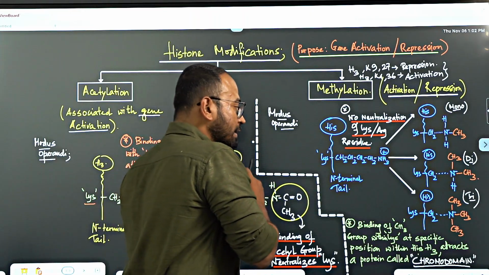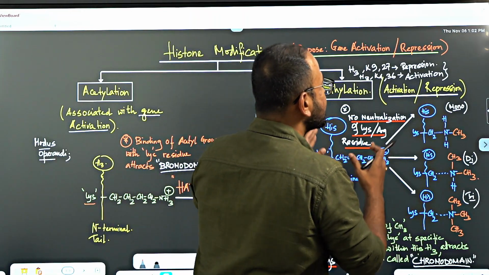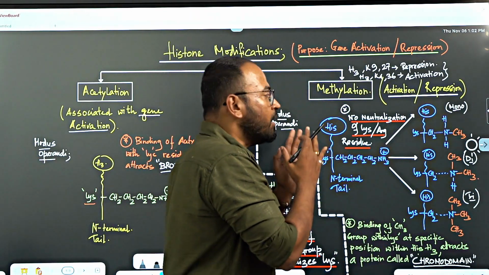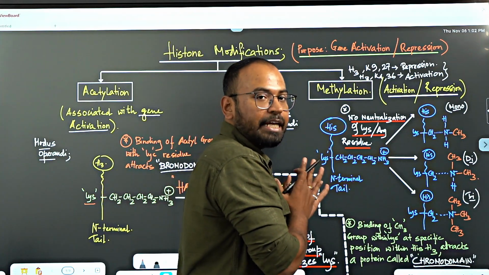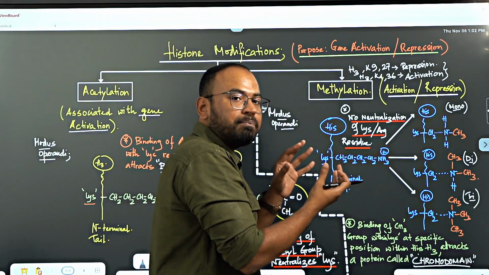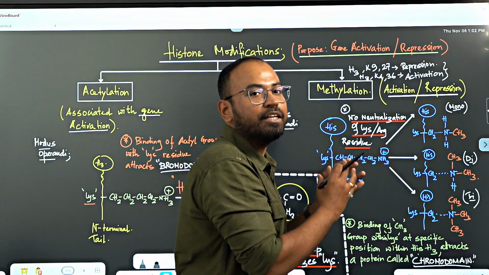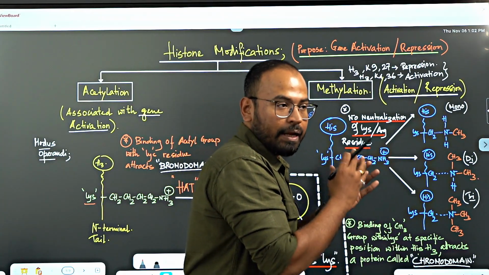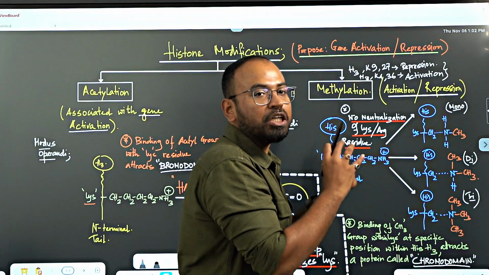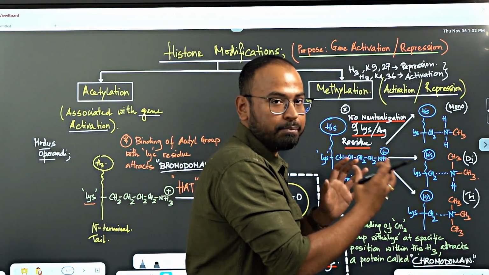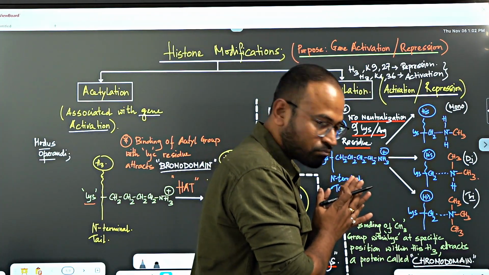Now, another kind of modification is methylation. When it comes to methylation, it can lead to activation or repression. Both of these phenomena can occur. Activation of gene or repression of gene both can occur with this approach.